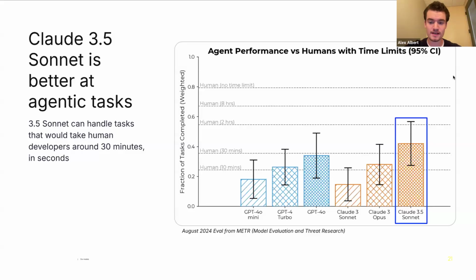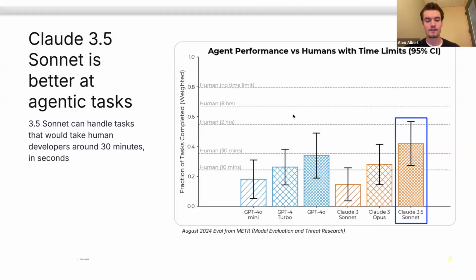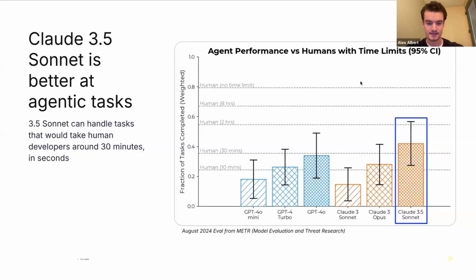The new 3.5 Sonnet is by far the best model that we've seen across the industry in terms of matching human performance. Now we're starting to exceed that 30-minute time mark as measured by this organization called METR, which does model evaluation and threat research. So now 3.5 Sonnet can take tasks that would take a human developer coding around 30 minutes to do in just a matter of seconds.